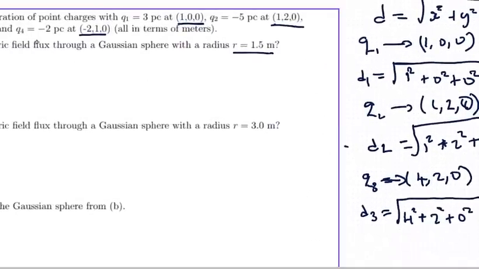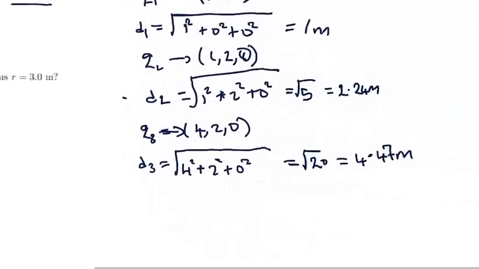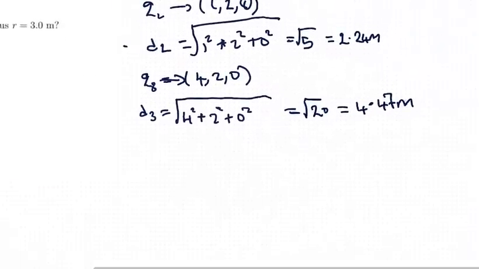So for Q4, we're given Q4, that is negative 2, at minus 2, 1, and 0.